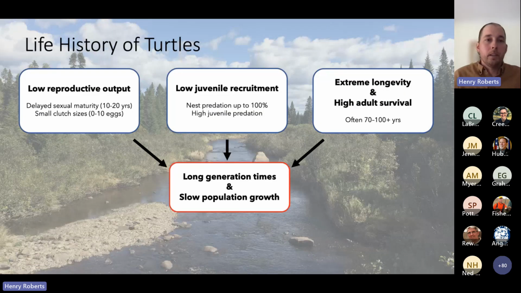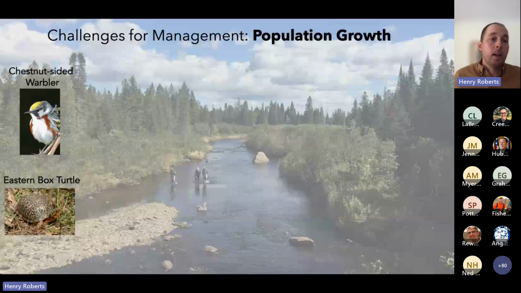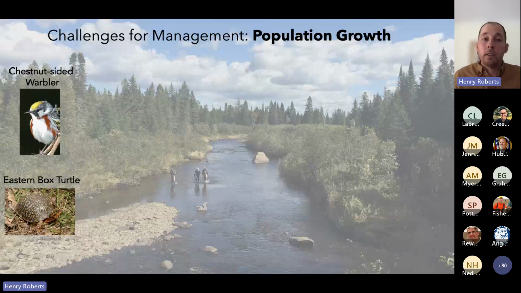So when we come back to this idea of the life history of most turtles, it really has implications for conservation and population persistence, trying to keep populations on the landscape. But it also has implications for management, which I think is why we're all here. So I'm going to provide a couple of examples comparing the eastern box turtle to a songbird species, the chestnut-sided warbler that the NRCS actually often manages for in the Northeast.